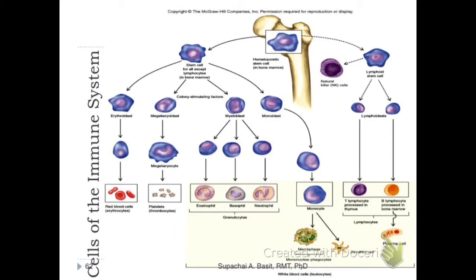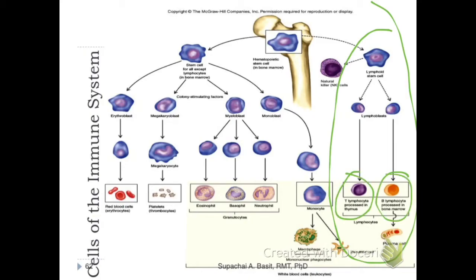Well, just to give you a background, again, going back to hematology. The cells of the immune system, these are the blood cells. But our concern here would be these, the cells of our immune system. The lymphoid stem cell could give rise to the T lymphocytes and the B lymphocytes.